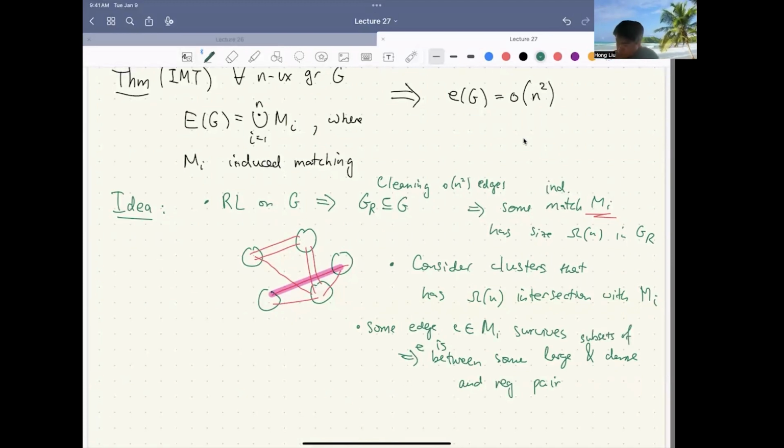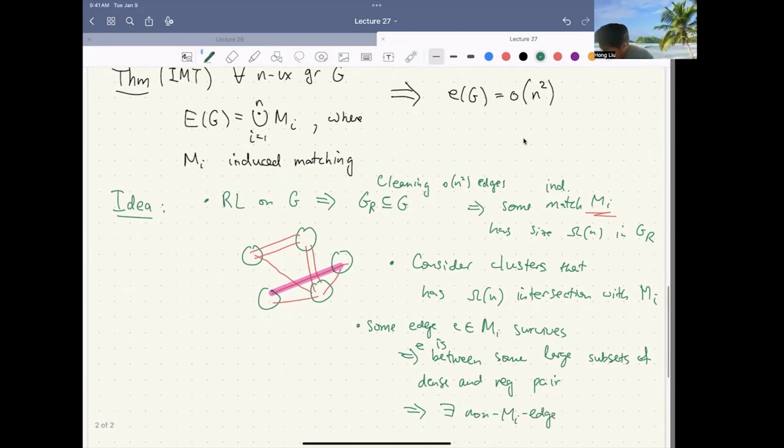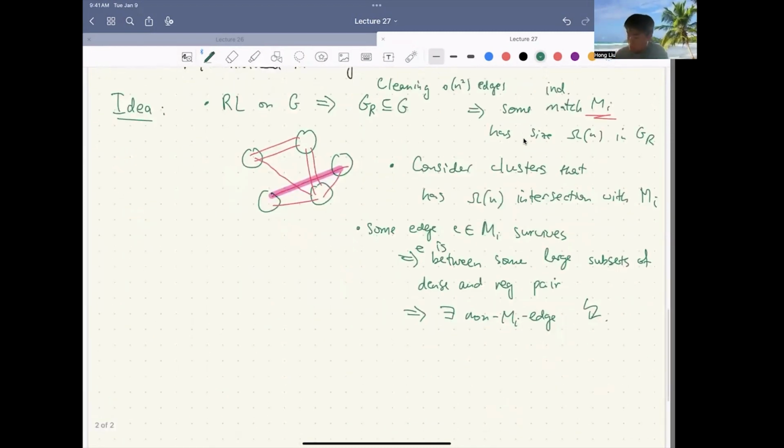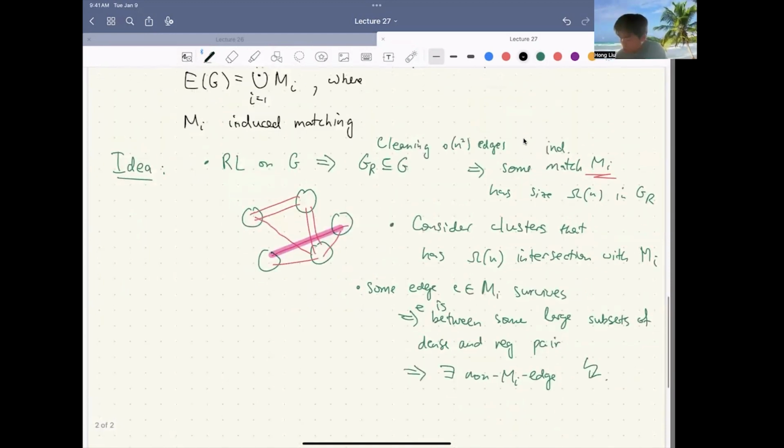This implies that there exists a non-Mi edge, which is a contradiction. So let's see the details.